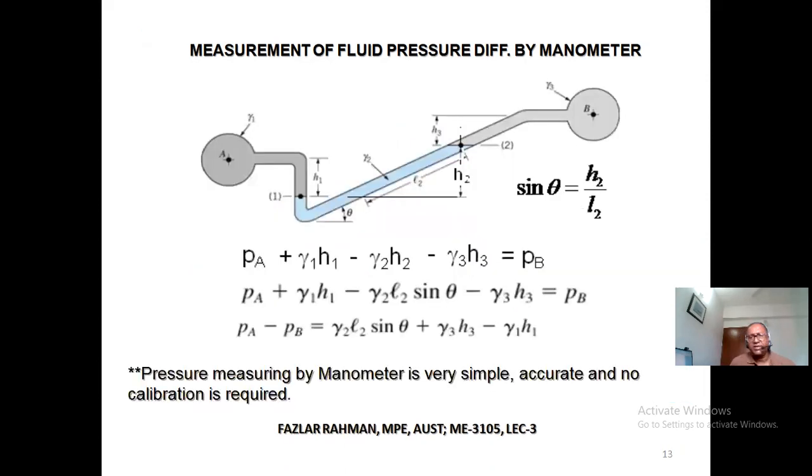Right over here is an inclined manometer. Now, how can we figure out the pressure difference? Same thing, but right over here, when you figure out the vertical height, you might have to use the angle. For example, you have a point over here, a point over here. So where will be the common point?